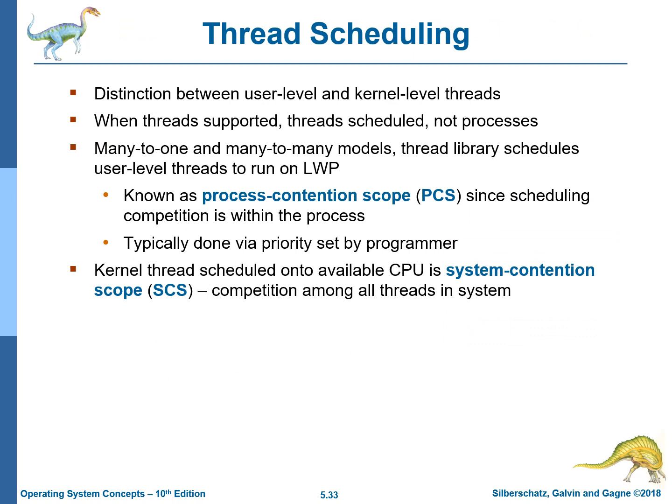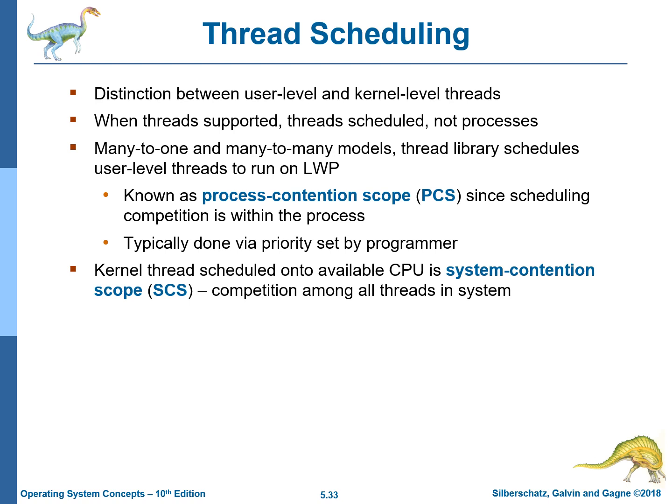Thread scheduling. Distinction between user-level and kernel-level threads. When threads are supported, threads are scheduled, not processes. In many-to-one and many-to-many models, the thread library schedules user-level threads to run on a lightweight process.